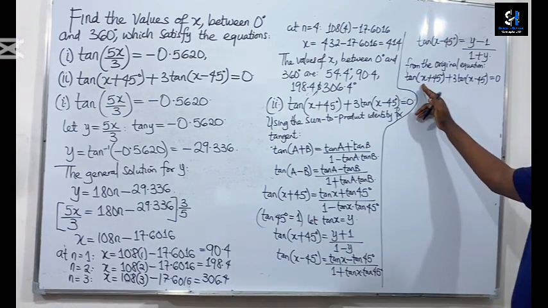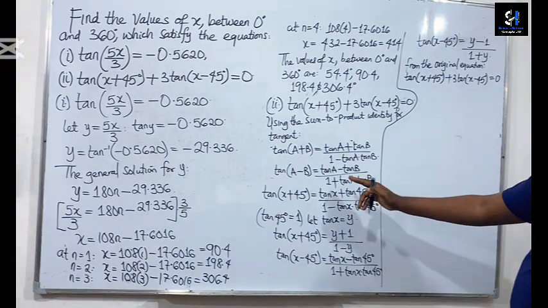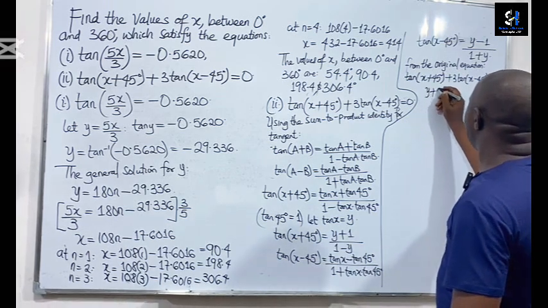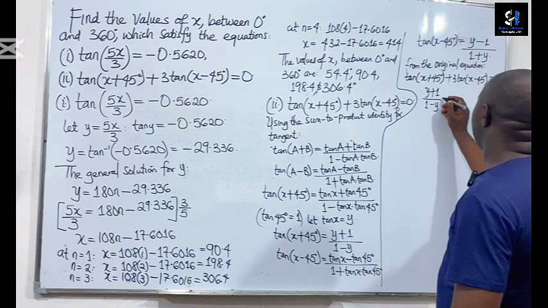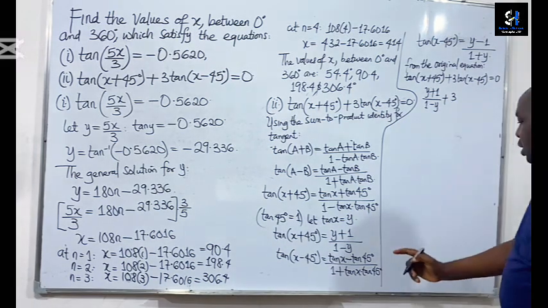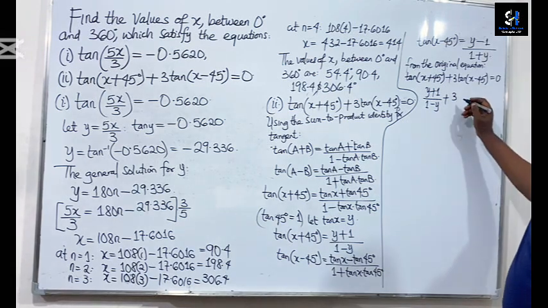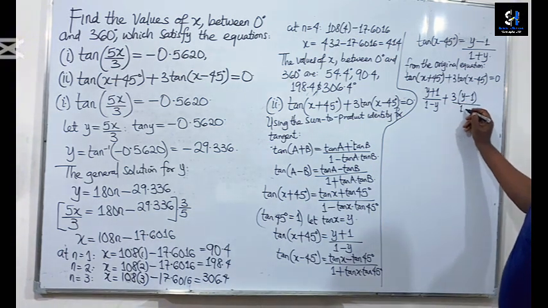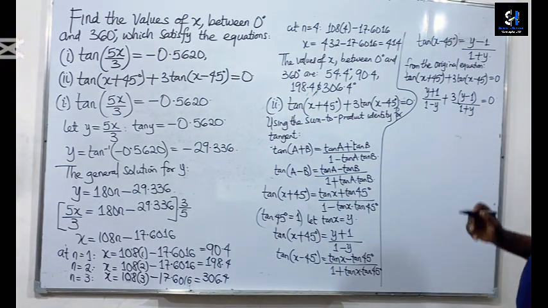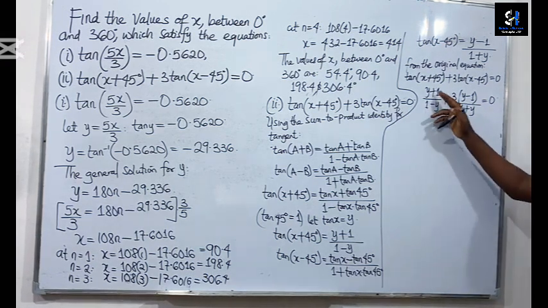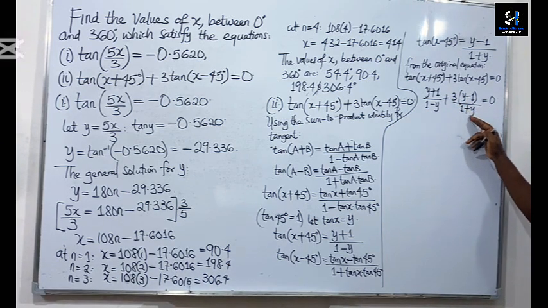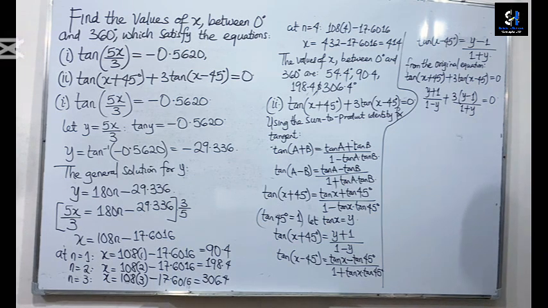Now, tan(x + 45 degrees) is (y + 1) over (1 - y). Then tan(x - 45 degrees) is (y - 1) divided by (1 + y), and that will be equal to 0. That's (y + 1)/(1 - y) + 3(y - 1)/(y + 1) equals 0, which is according to the original equation.